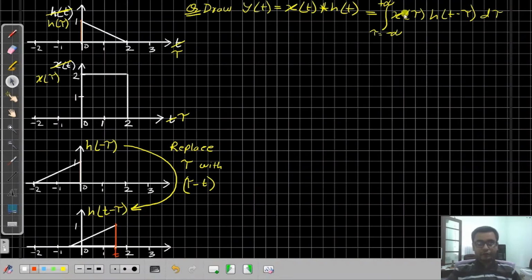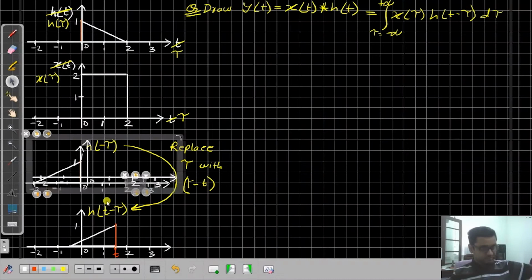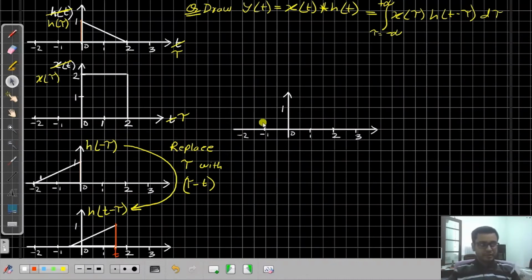After that we have to multiply these two. x(tau) is here, h(t minus tau) is here. Now we have to multiply these two signals. Let me do the multiplication here. So I am going to draw x(tau) h(t minus tau) as a function of tau.